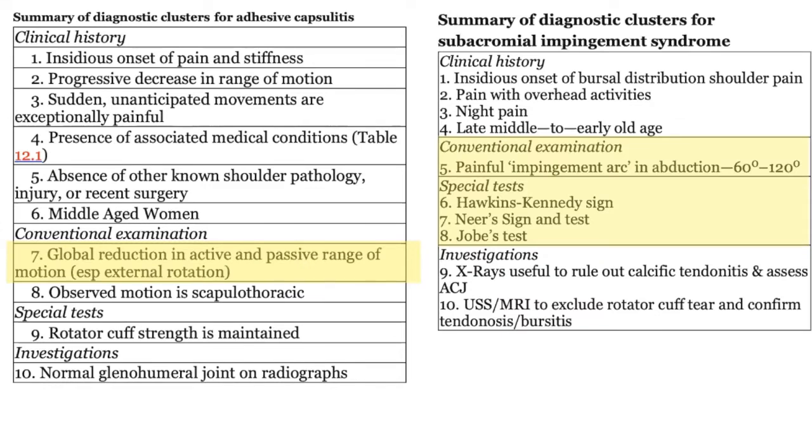So here's one of the slides I referred to earlier, which is a busy slide that says a lot of stuff that you're not going to read through. But the key point is we've got a 50-year-old lady with a painful shoulder of insidious onset. And if we looked at the history, we're not really able to determine necessarily which one it is, but a simple physical exam, which is what's highlighted, shows that a global reduction in active and passive motion is more likely to be adhesive capsulitis or arthritis, but the X-ray is normal.